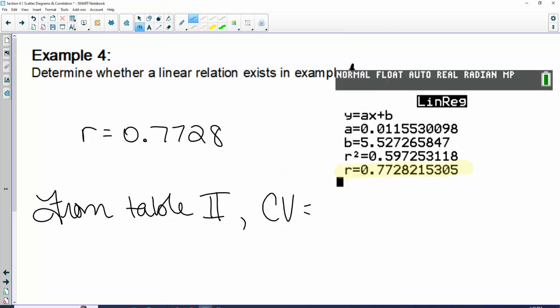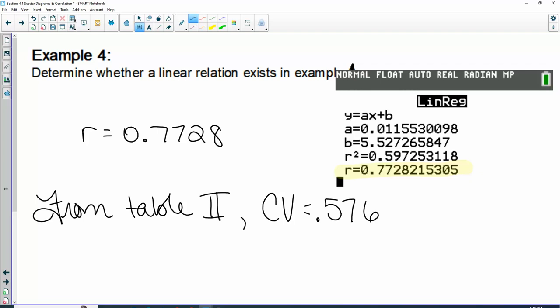Okay. So you would go to n equals 12, and then the critical value associated with that is 0.576. That means anything bigger than 0.576 or smaller than negative 0.576 would be considered linear.